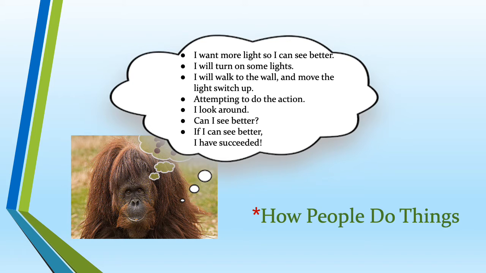First, they realize, "I want more light so I can see better." And then think, "I'll turn on some lights. I'll walk to the wall and move the light switch up." Then they attempt to do that action and look around and notice that they can see better, and if they can see better, they've succeeded.